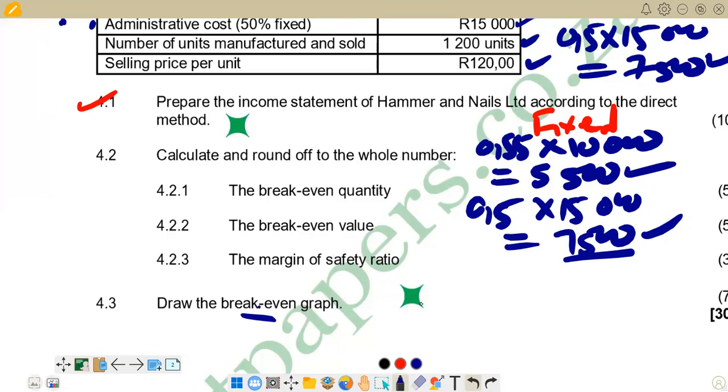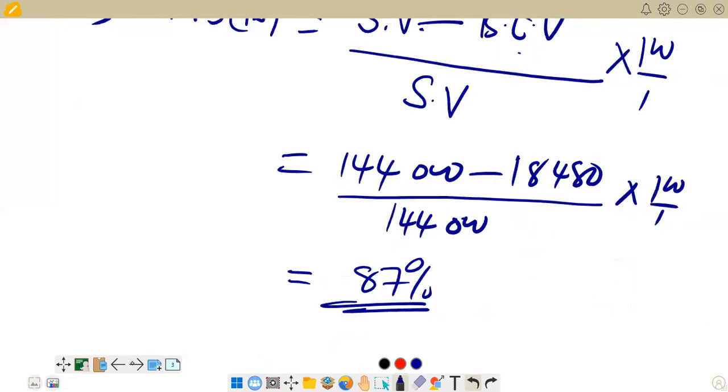Remember, total costs, we say variable costs plus fixed costs. So this value that we have for total cost will be equal to the sales revenue. For instance, for this scenario in this question, the break-even value is 18,480.